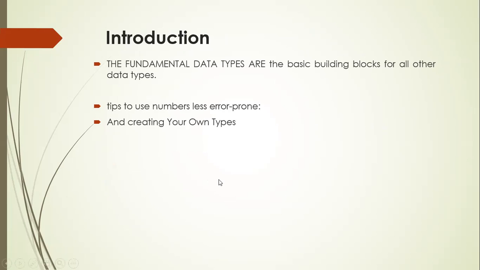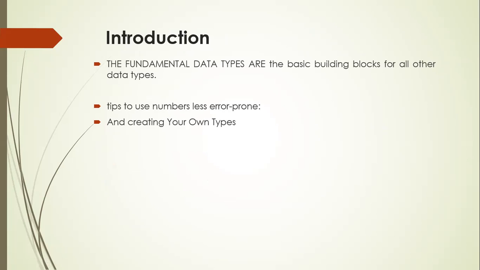So first of all, we should know what fundamental data types are. Fundamental data types are the basic building blocks for all other data types. We know the different data types like integer, string, boolean, and character.